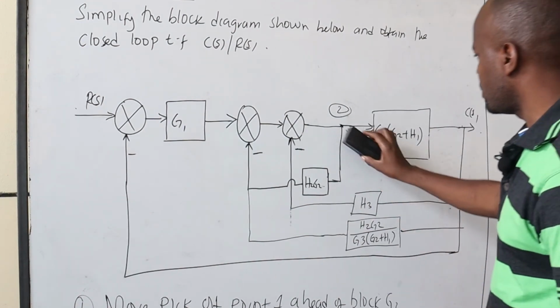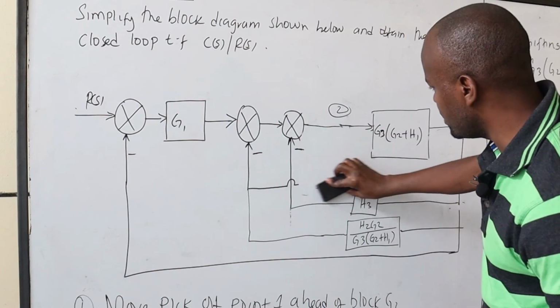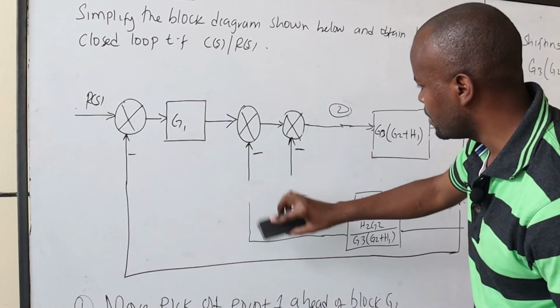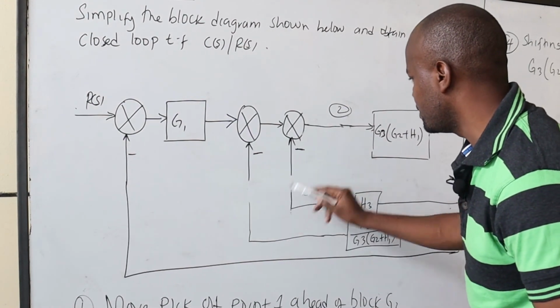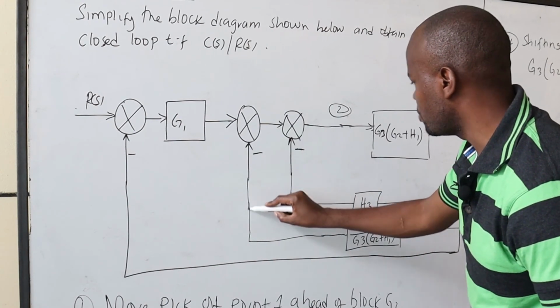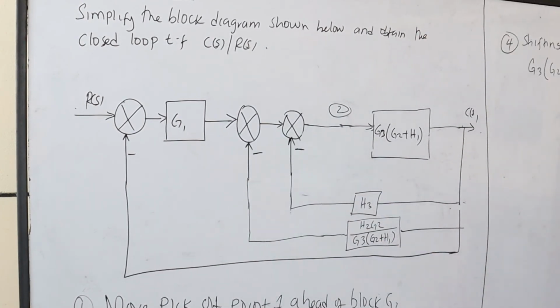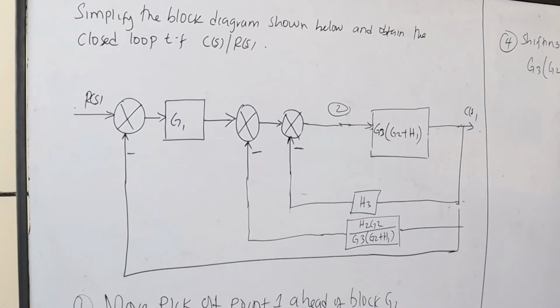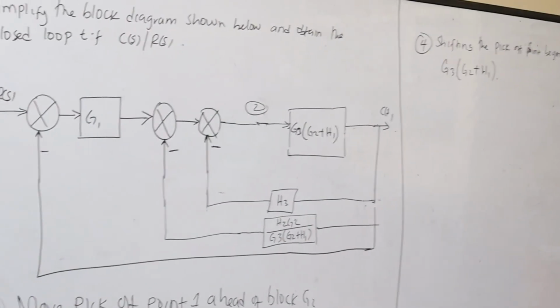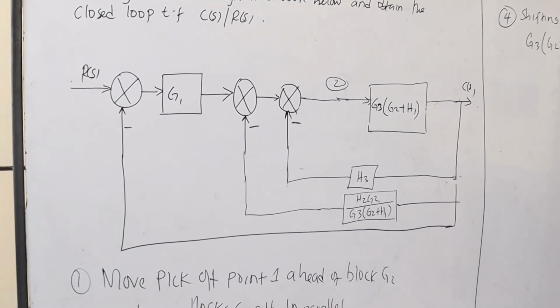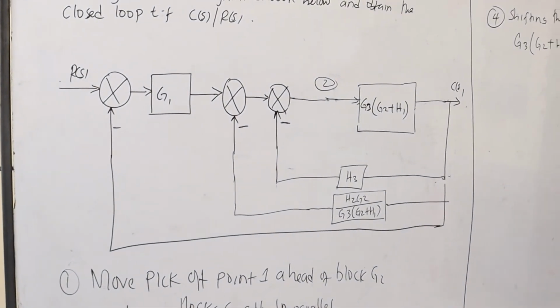Then of course, this is what we have modified, so we get rid of it. So that is our new block diagram that we have in this case. The next point is to eliminate the minor feedback loop H3.